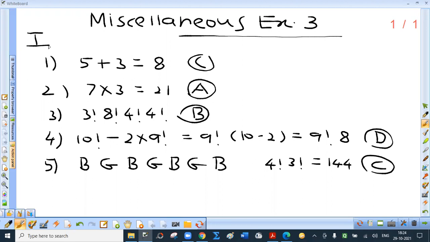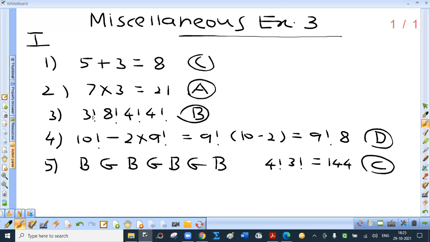Third one, in how many ways can 8 Indians, 4 Americans and 4 Englishmen be seated in a row so that all persons of the same nationality sit together? Let me explain. We consider persons of one nationality as one group. So we have to arrange 3 groups, which can be arranged in 3 factorial ways.